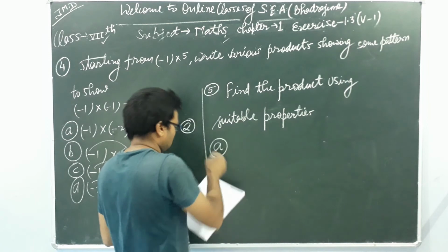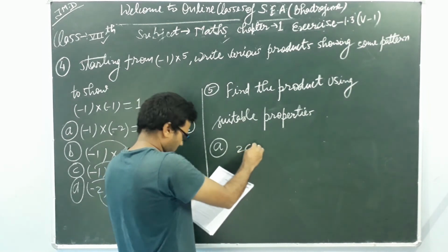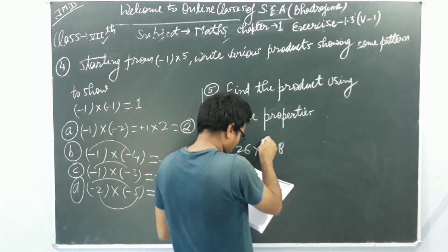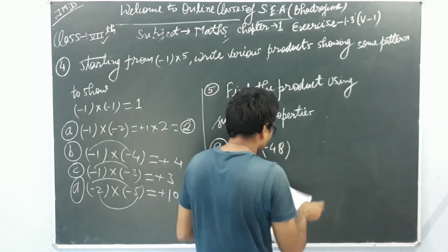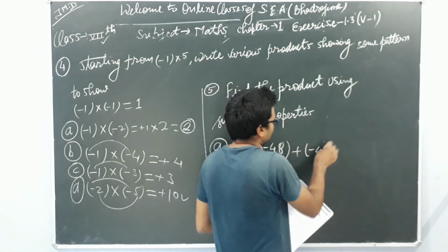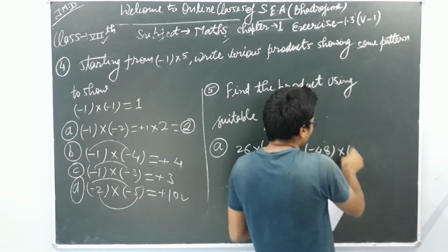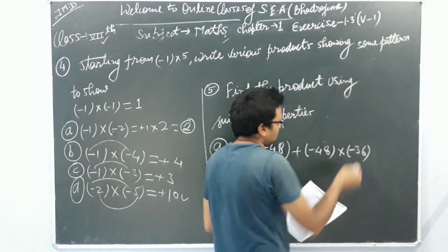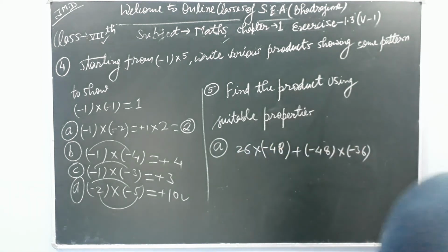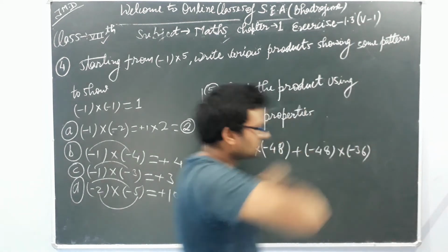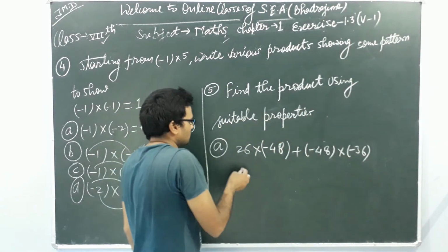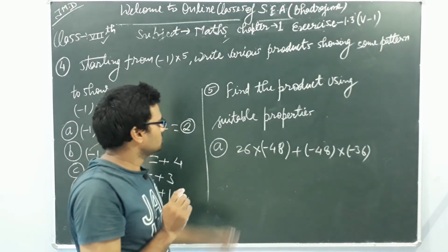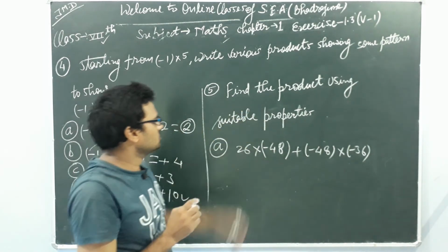Our part A is 26 multiplied with minus 48, plus minus 48 multiplied with minus 36. Actually we have to solve this. Find the product using suitable property.